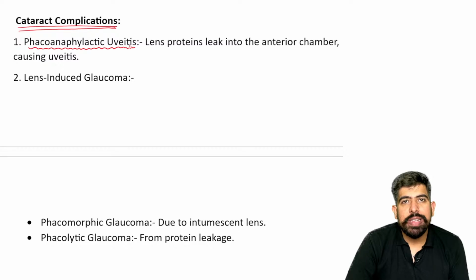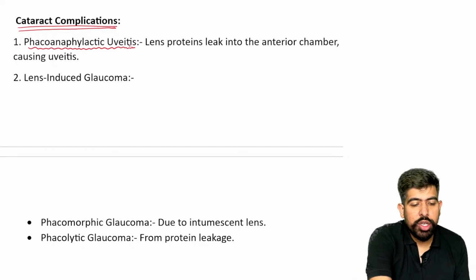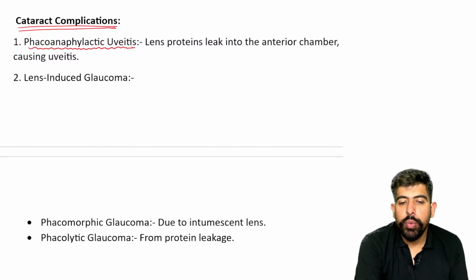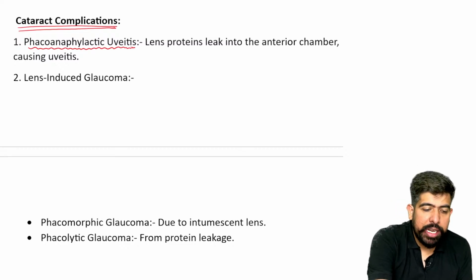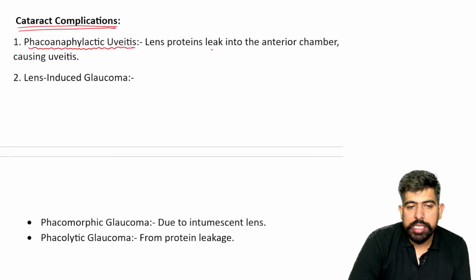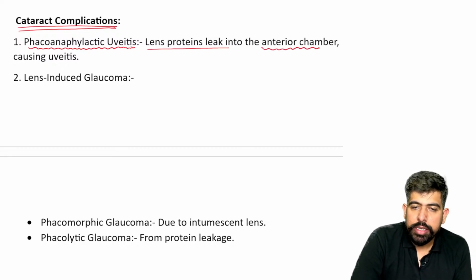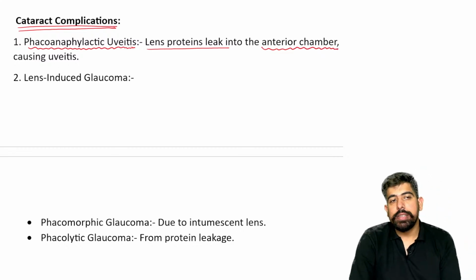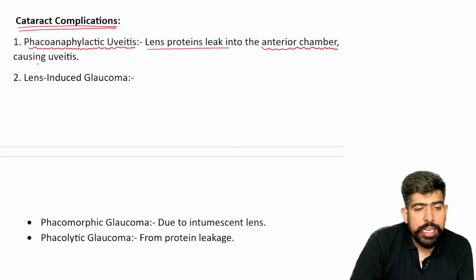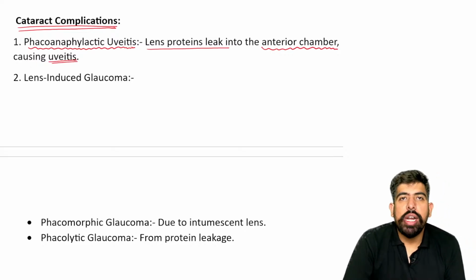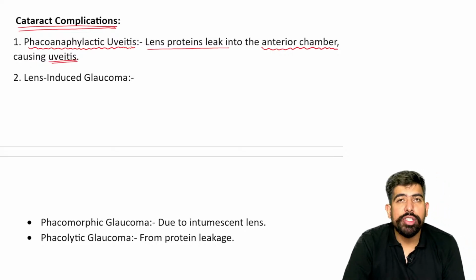If there is inflammation of that middle layer, that is known as uveitis. Due to this cataract, uveitis can be seen because the lens protein can leak into the anterior chamber. This leaked protein can cause uveitis, which is inflammation of the iris, the ciliary body, or the choroid also.